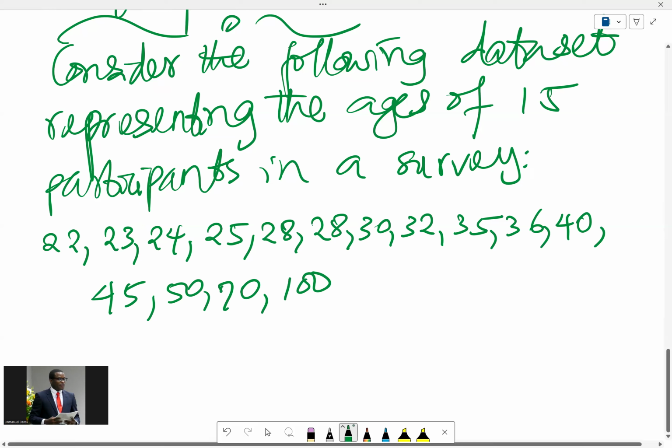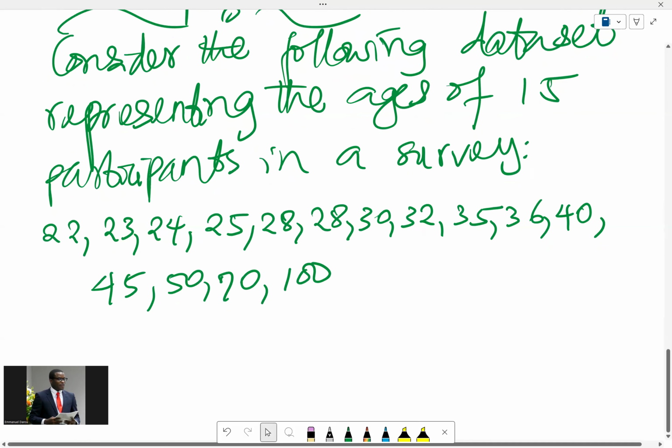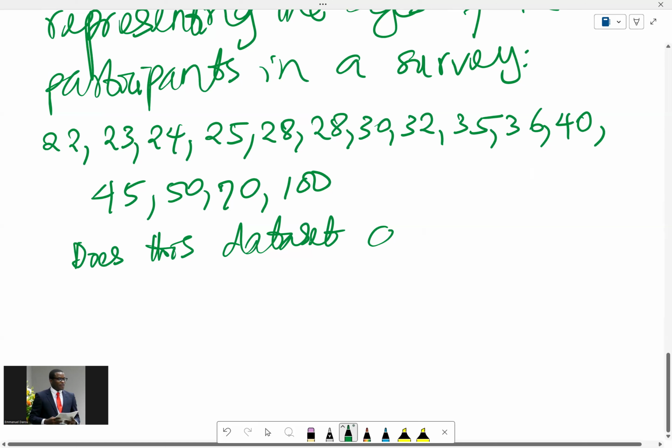That is 15 values, counting 1 to 15. Does this data set contain some extreme values?